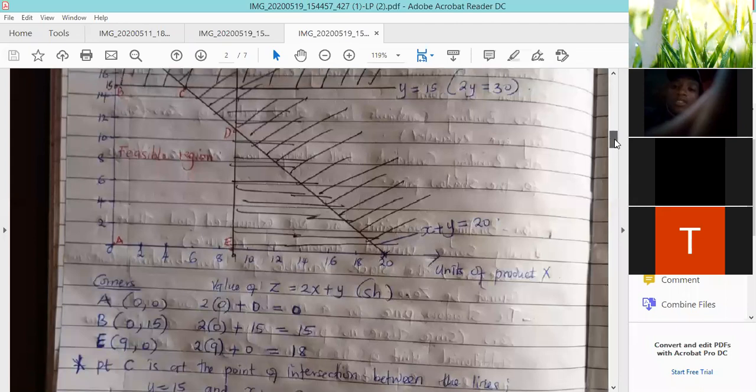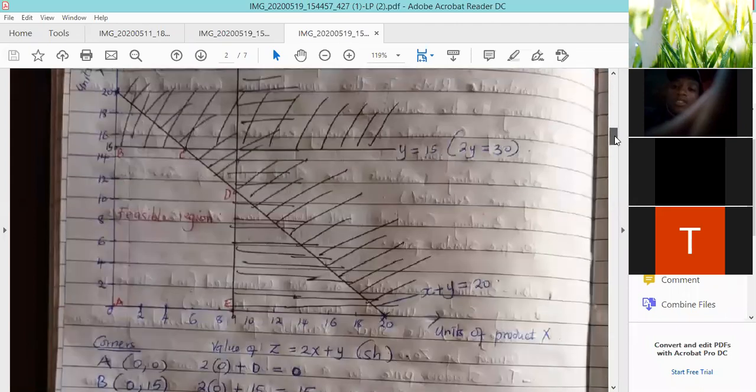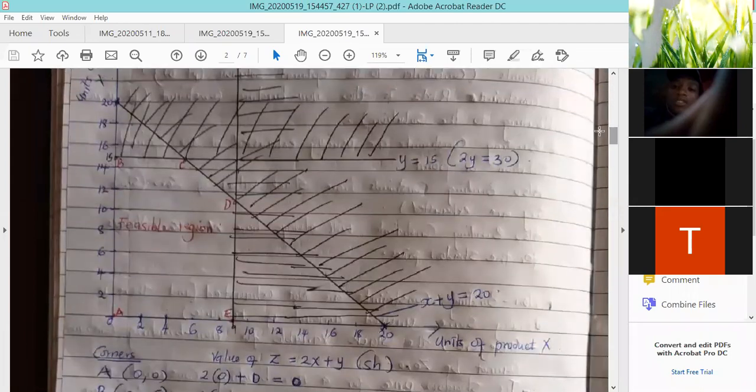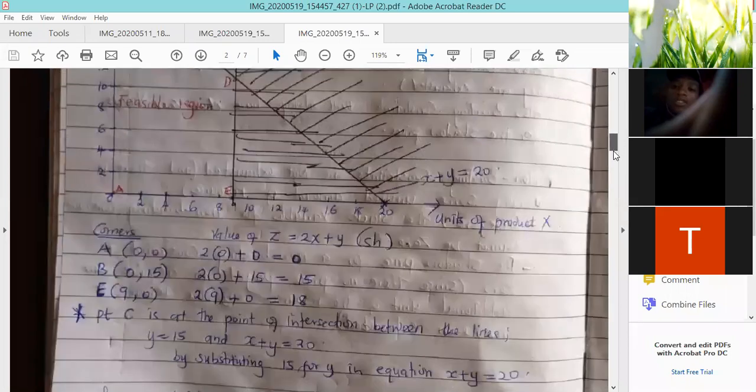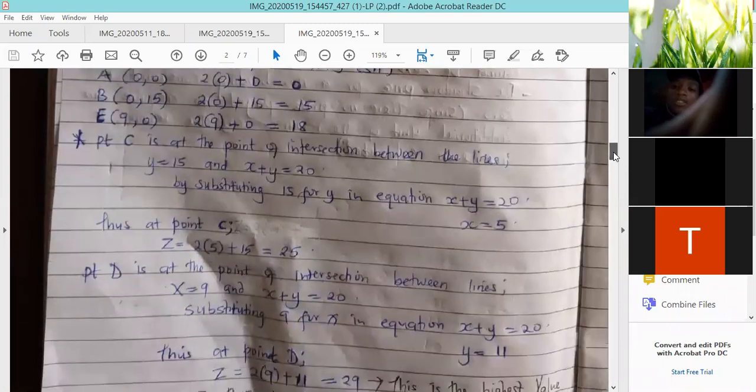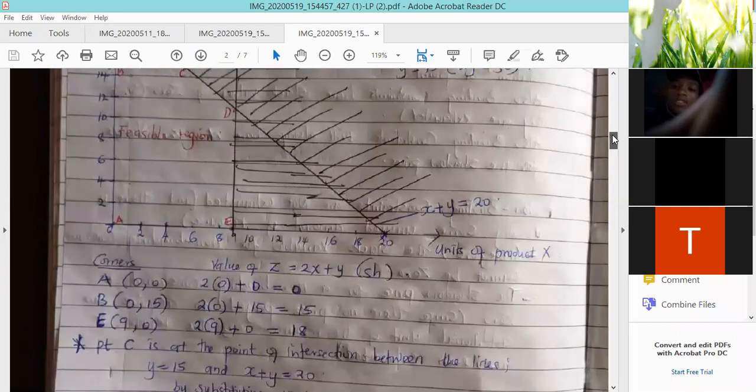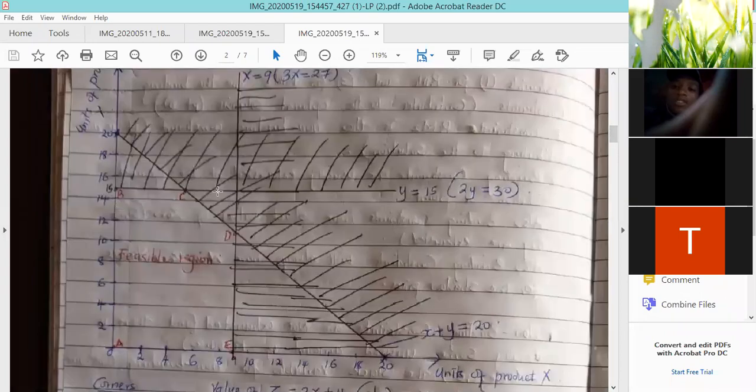But now I am not using graph paper to be able to tell exactly where my point C is or my D point is. So if you are not clear on what the coordinates of those points are, I've given you a direction on what to do. For example, point C is a point of intersection between the two lines. One is y is equals to 15, the other one is x plus y is equals to 20.